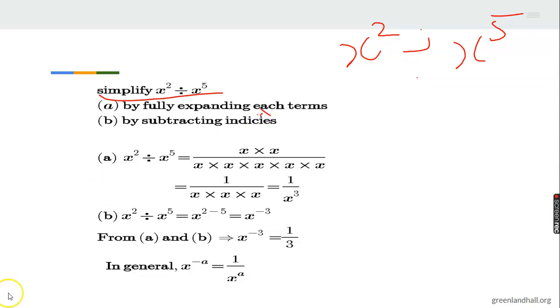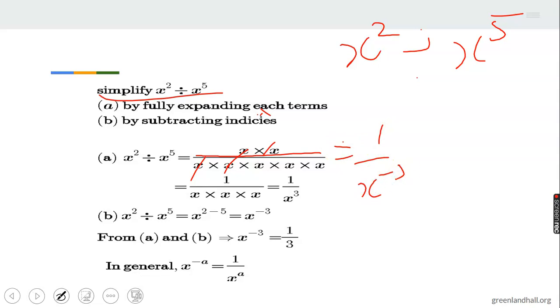By expanding, we have x times x, x squared, that is x raised to power 2, equals x times x, divided by x times x times x times x times x. Now, when you divide, you have 1 all over x raised to power 3.